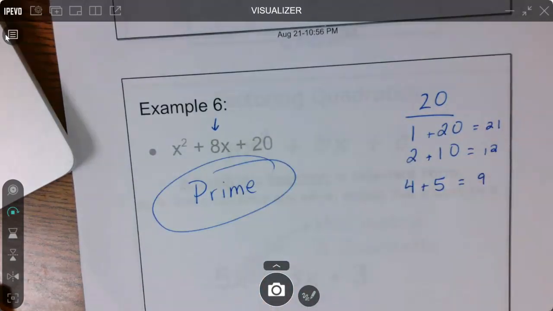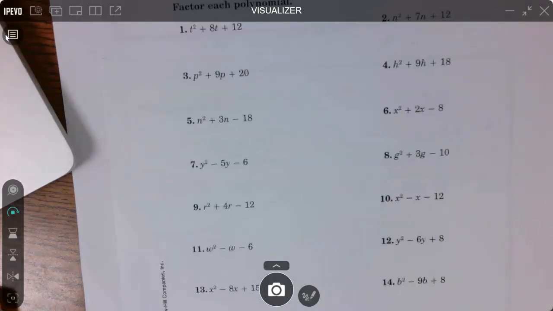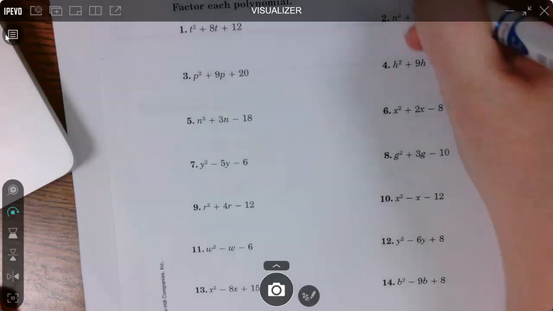Okay, and that is all for the notes for today. Your homework is to do 1 through 14 on this worksheet, 1 through 14.